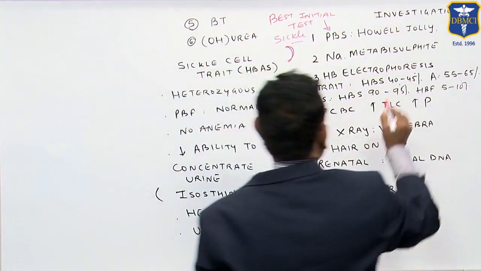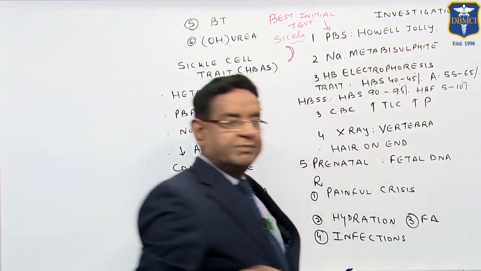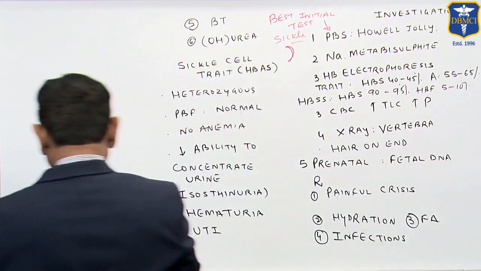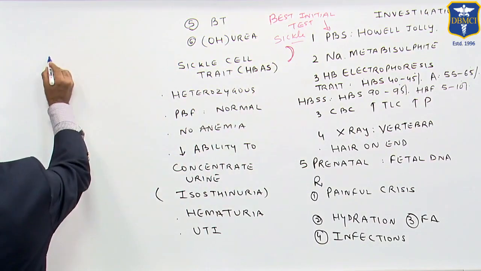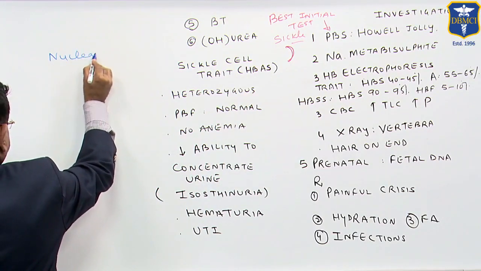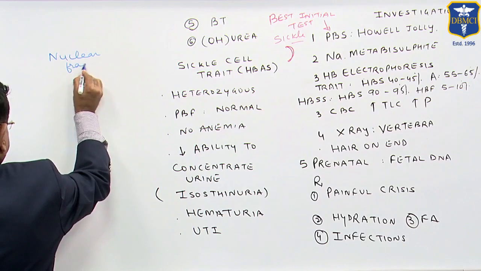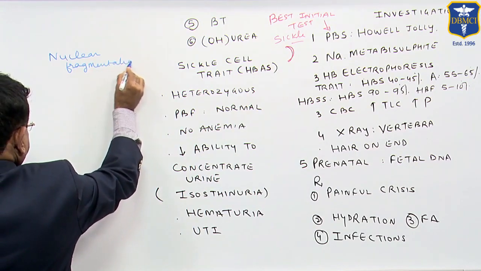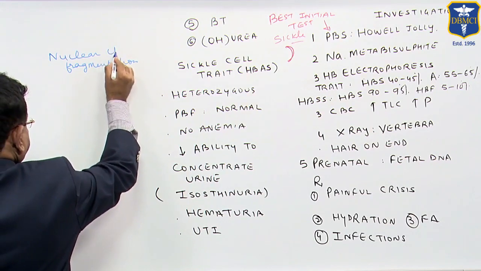We can also see Howell Jolly bodies. These are nuclear fragmentation. Nuclear chromatin fragmentation.